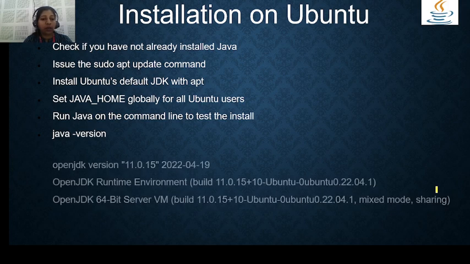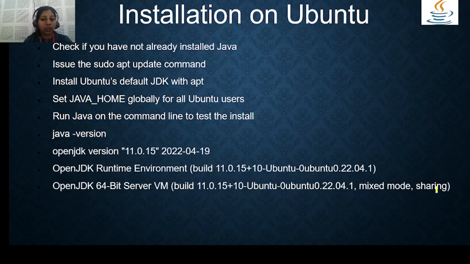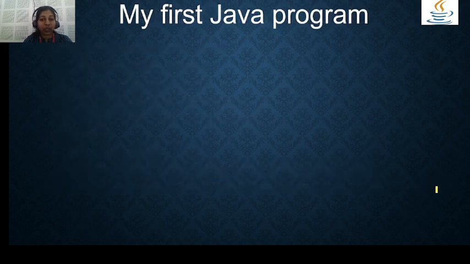Then run java on the command prompt to test whether it is installed or not. The command is the same as we gave in Windows: java space hyphen version. It will give the JDK installed in your machine. So now we are done with our Java setup on both Windows and Ubuntu.